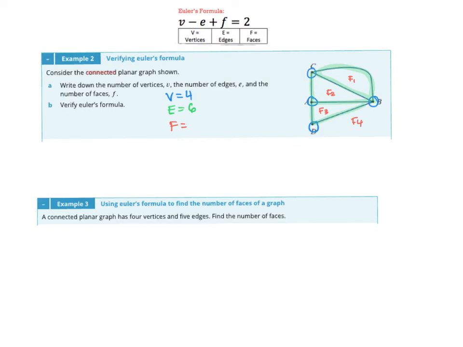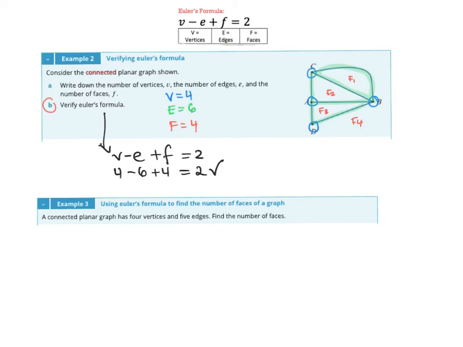So I've got 4 faces there. And then it says here, verify Euler's formula. So remember, we're going to write it down. V minus E plus F equals 2. So 4 minus 6 plus 4. And yes, that does equal 2.